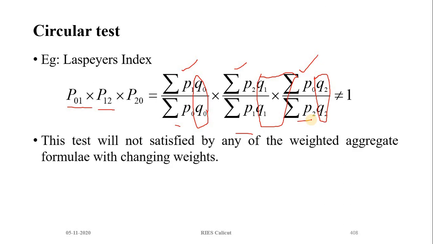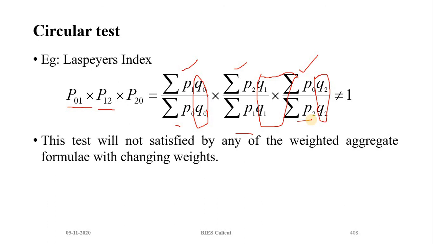The thing is that this test is not satisfied by any of the weighted aggregate formulas. We have discussed many weighted index number methods, starting from last pair to Kelly. None of these methods satisfy this circular test.